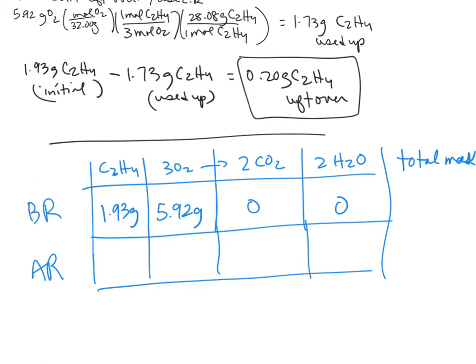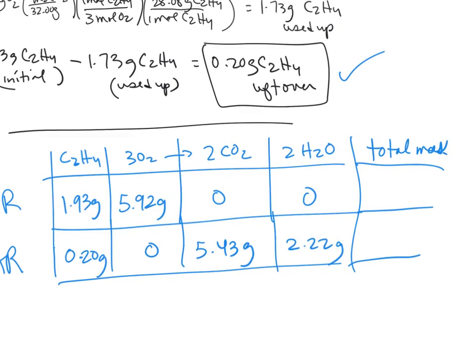At the end of the reaction, you have 0.20 grams of C2H4 left over right here. The O2 is the limiting reactant, so it's completely consumed. Then you have 5.43 grams of CO2. That was that first calculation we got. And then the other one was 2.22 grams for the water.